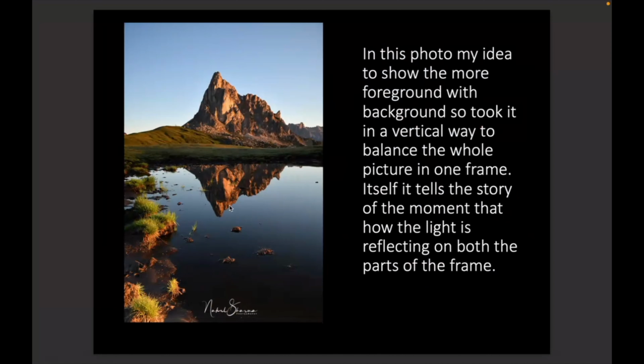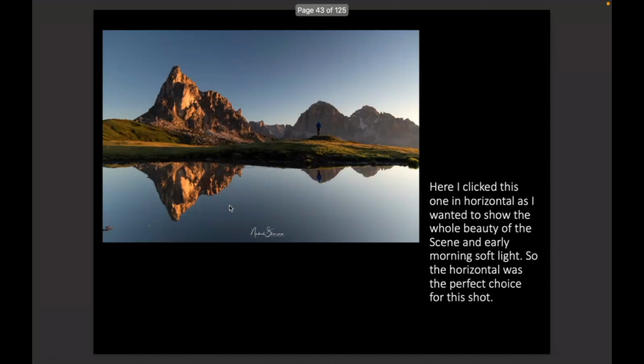So that's why I went for a vertical shot in this particular one. But here I went for a horizontal shot because I wanted the whole data. I wanted these two mountains, I wanted the reflection, and I wanted this sky reflection as well.